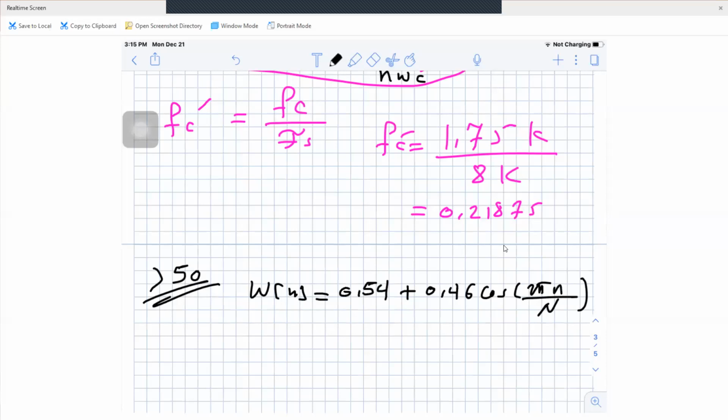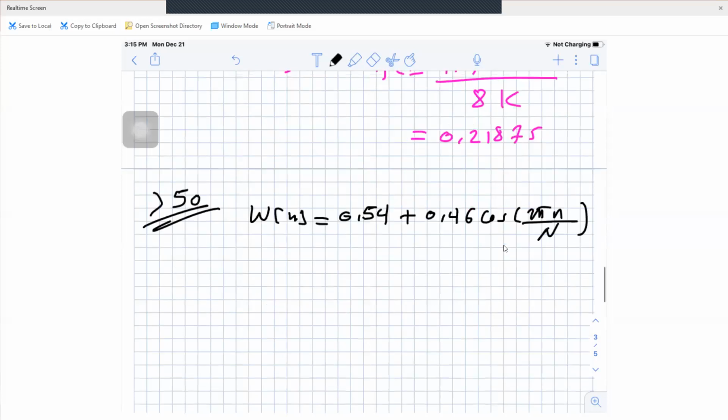So how are we going to get this value? We said that in column number 2, the normalized transition width is equal to 3.3 over N, which is delta F. Delta F equals 3.3 over N capital. Of course, how are we going to determine the value of delta F?